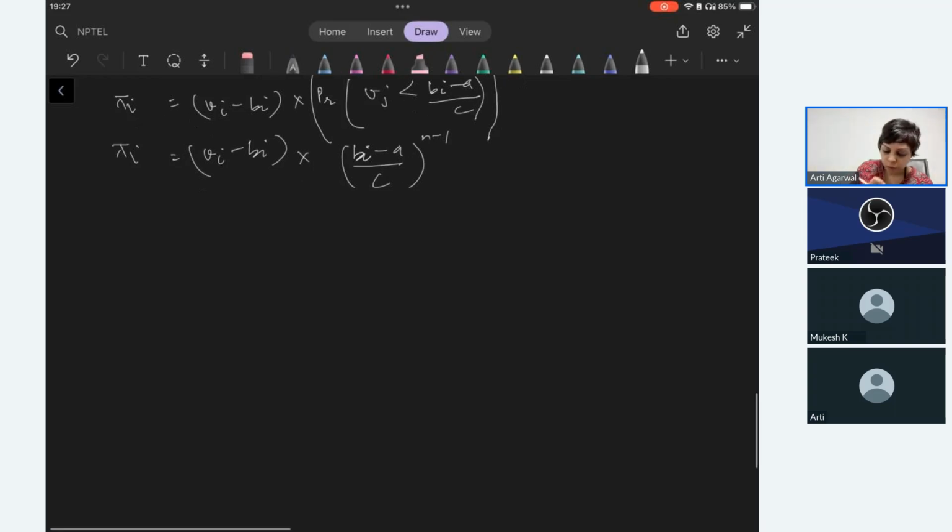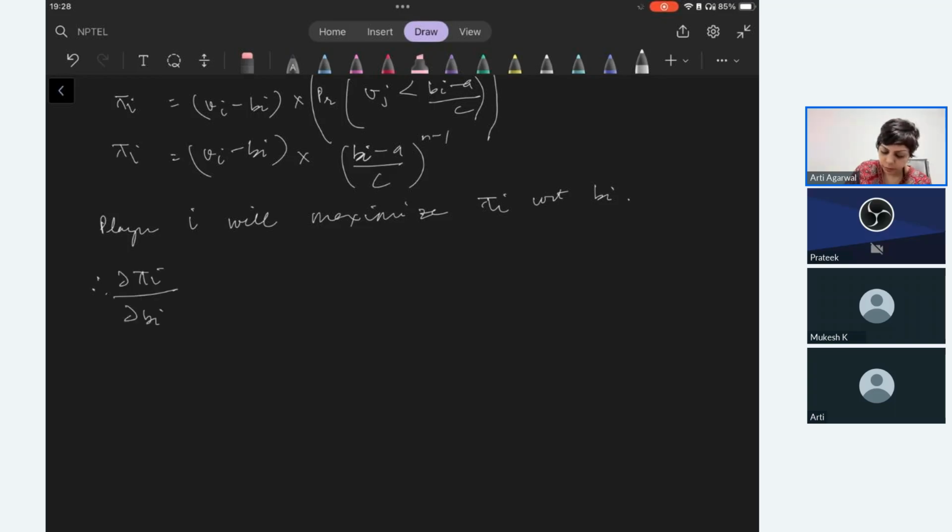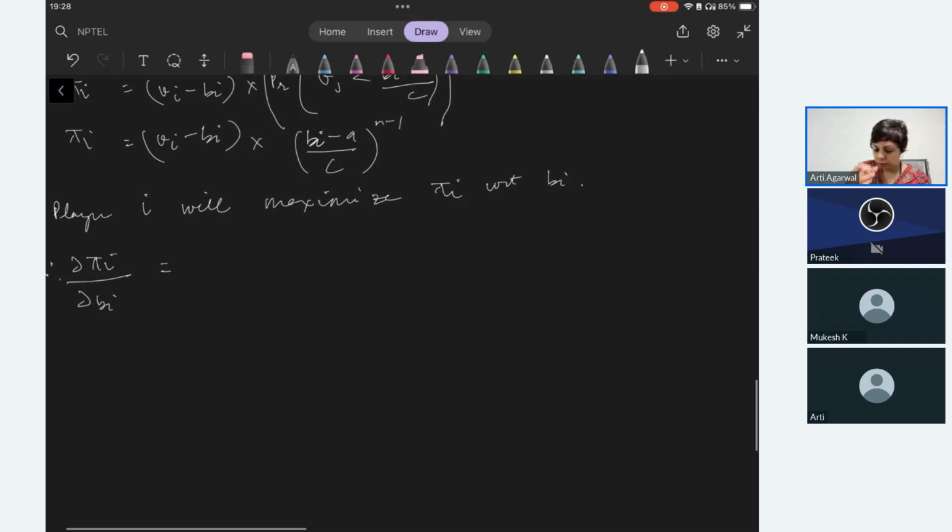So now we know the expression for the expected revenue of player I. Now player I will maximize this. Therefore, we'll take the maximization condition. Now, this is a product of two functions. We just take the differential of the first, leave the second alone.